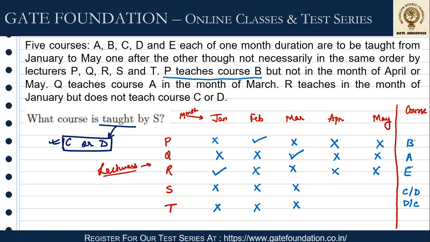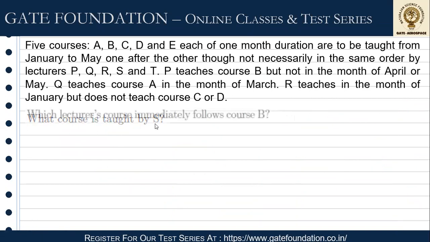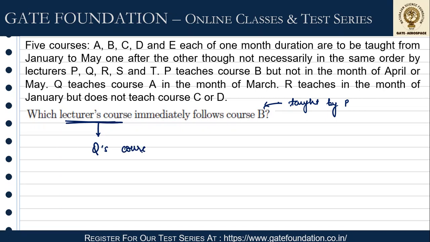So P, if you talk about B, it is taught by P. And if you talk about lecturers, it is Q. And Q's course is A, which is taught in March. Right. So everything about this one. Next one.